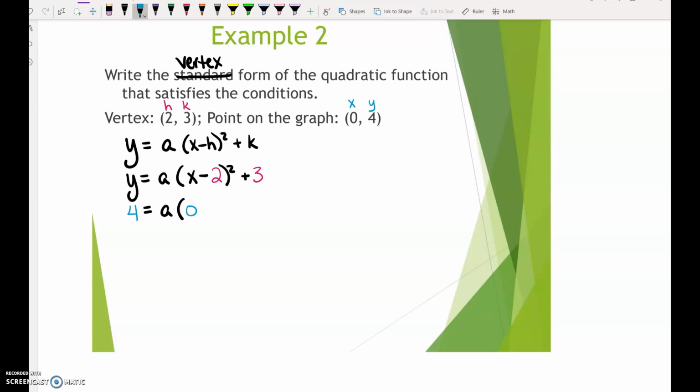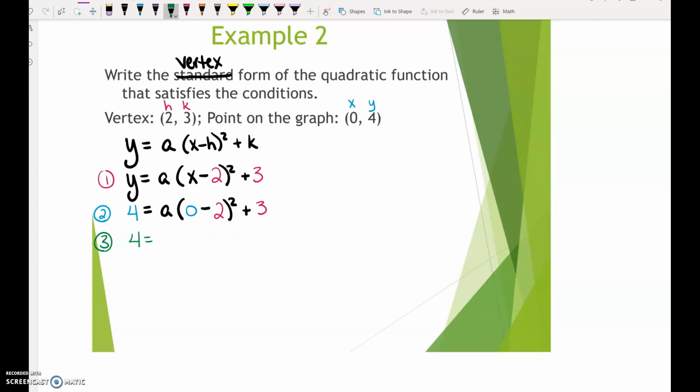X is 0. And my k is 3. Okay, so step 1, you're plugging in your vertex. Step 2, you're plugging in the point. Step 3, we're going to figure out what A is.